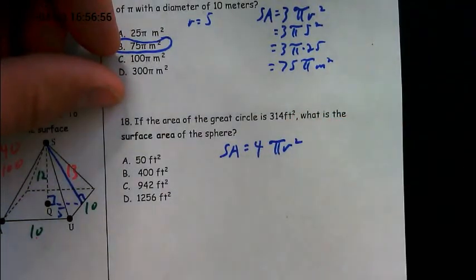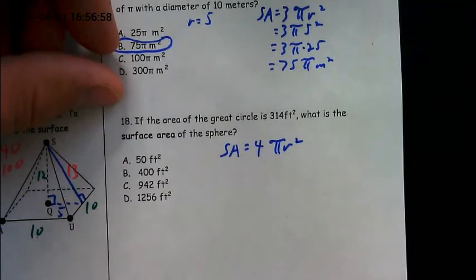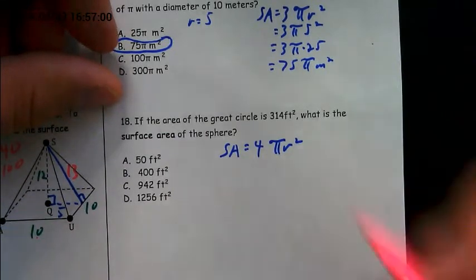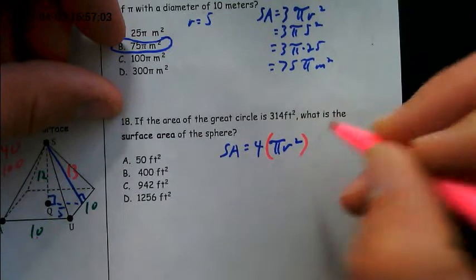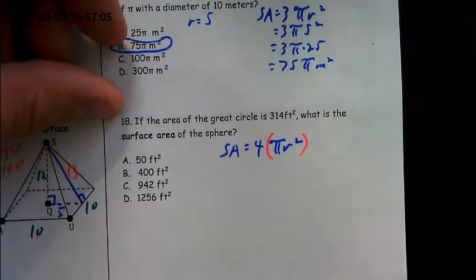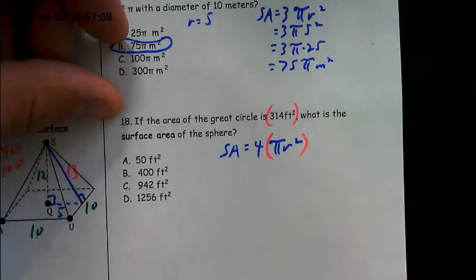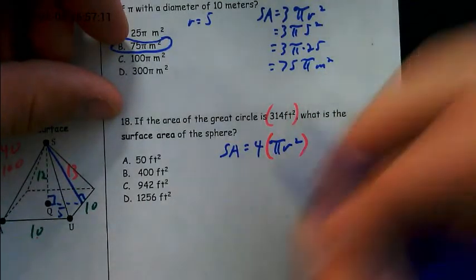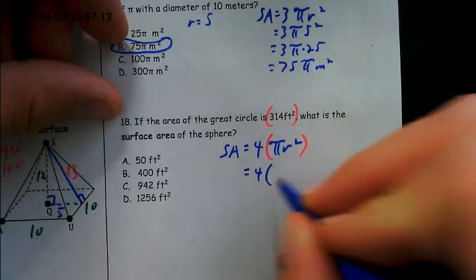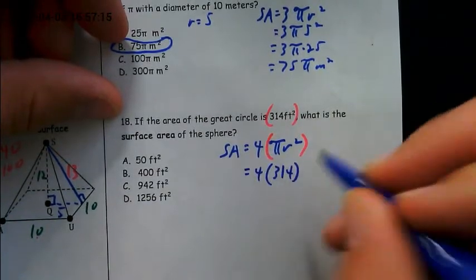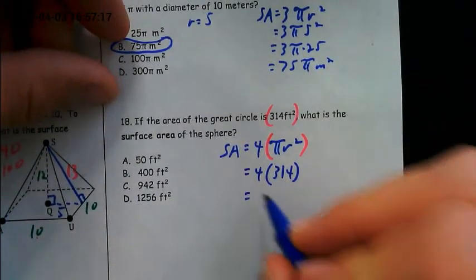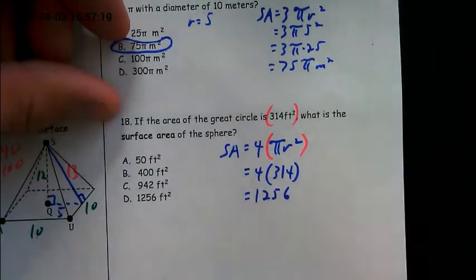Normally, a lot of people would look at this question and think, I have to find my radius first. You don't have to find your radius first because pi r squared is my area. So you just plug it in. We have 4 times 314, which gives us 1,256, which is D.